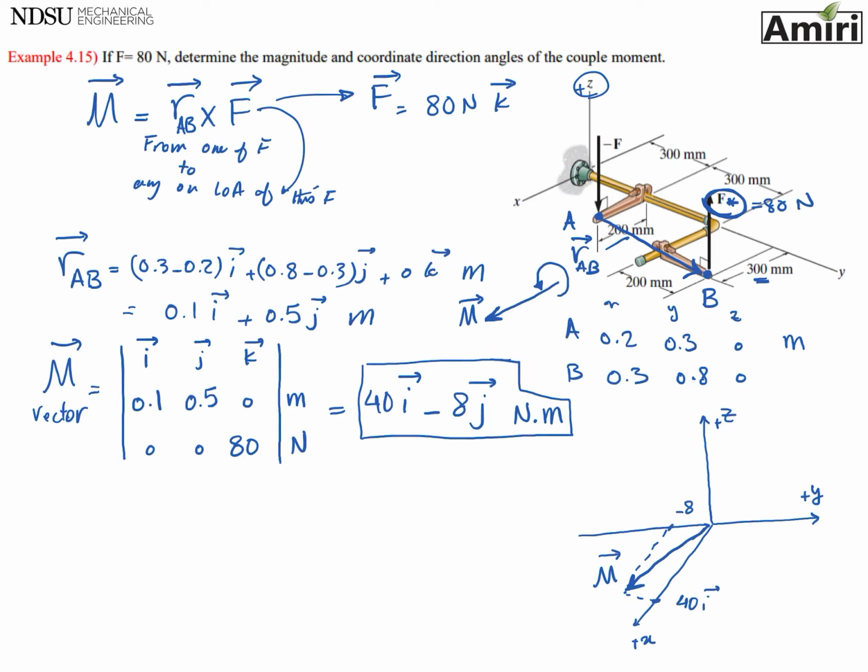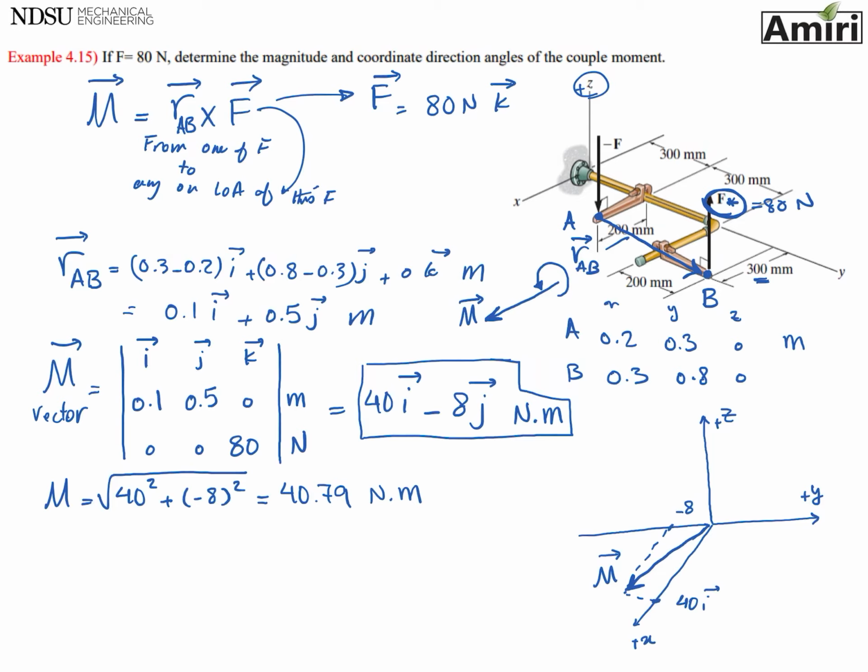The magnitude of this moment, if I want to find the magnitude, is simply 40 squared plus minus 8 squared, square root of that, and it's going to be 40.79 Newton meters. So I have the magnitude of a vector, and I have the vector components.